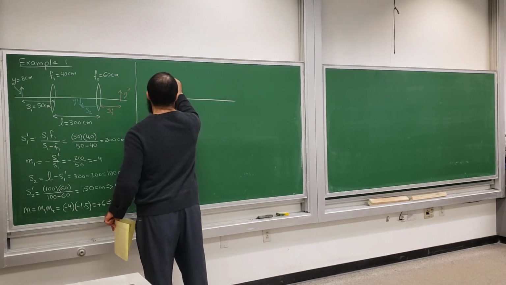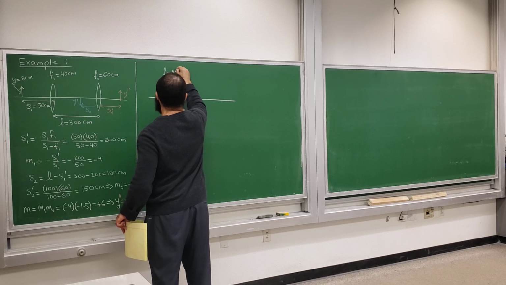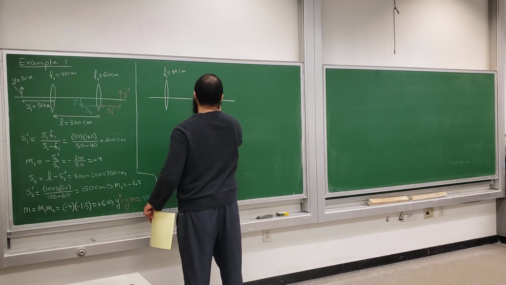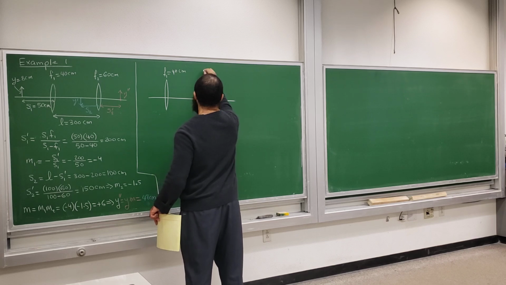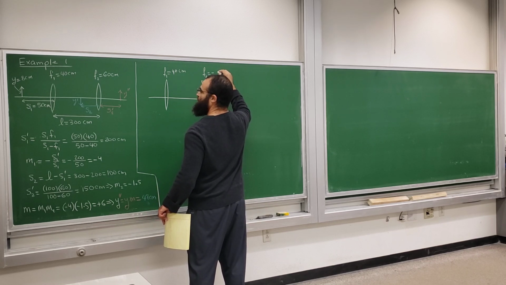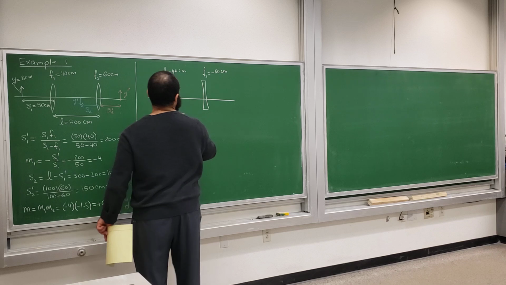So here is F1. It's going to still be 40 centimeters. F2, now it's going to be this diverging lens. F2 is going to be minus what? Minus 60, yeah? Minus 60 centimeters.